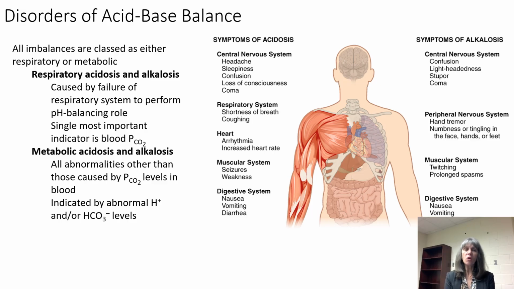And the single most important indicator of respiratory acidosis or alkalosis is partial pressure of carbon dioxide. Metabolic acidosis and alkalosis is going to include all other abnormalities other than those caused by partial pressure of carbon dioxide levels in the blood. And this can be indicated either by abnormal hydrogen ions or abnormal bicarbonate levels.